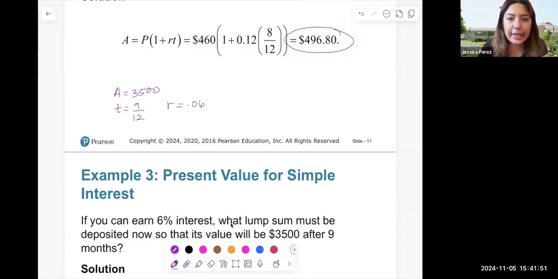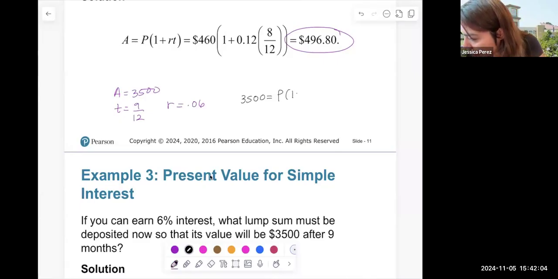We're interested in finding P, the present value, not the future value. So how do we find the present value? Well, 3,500 is equal to P times 1 plus 0.06 times 9 over 12. So then P is 3,500 over 1 plus 0.06 times 9 over 12.